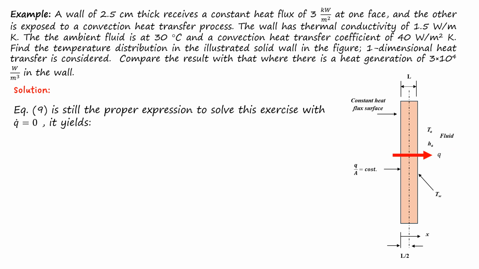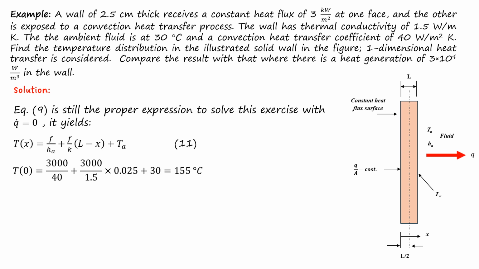Maybe equation 9 is the proper equation to solve this exercise, replacing the value of q dot with 0, and that will produce T of x equal to F divided by h sub a plus F divided by k times (L minus x) plus T a, which represents a form similar to equation number 9, but we have replaced the heat generation per unit volume with 0.